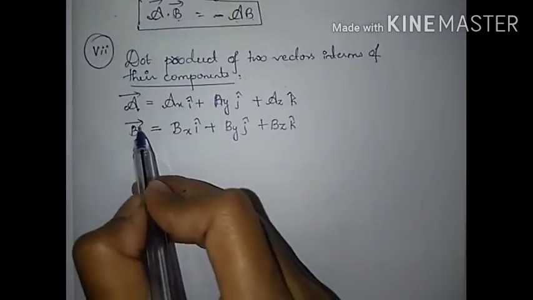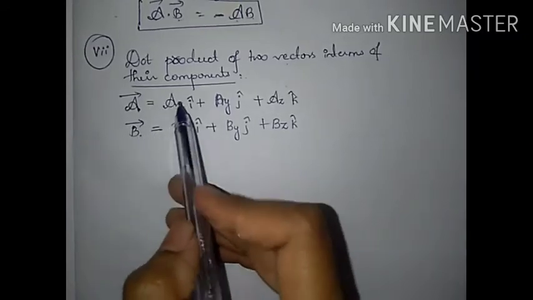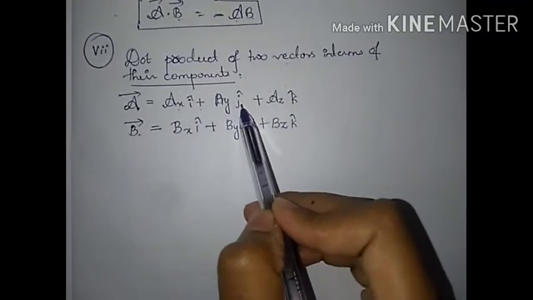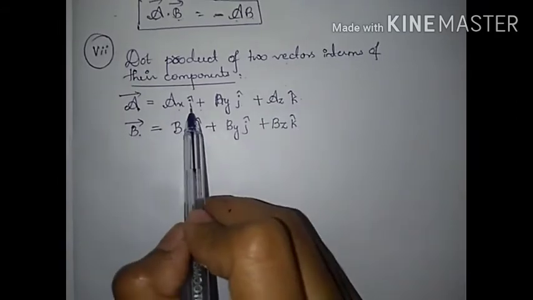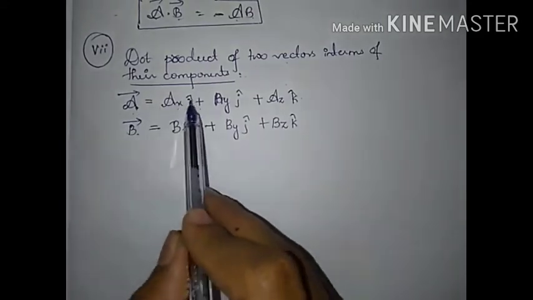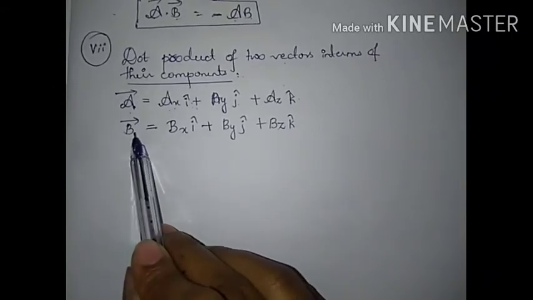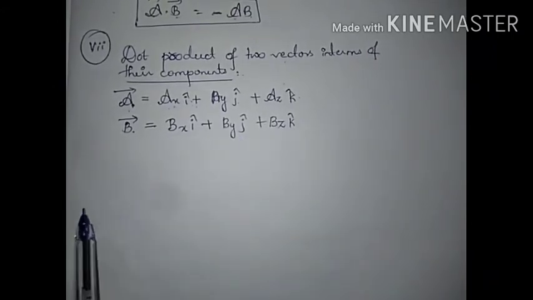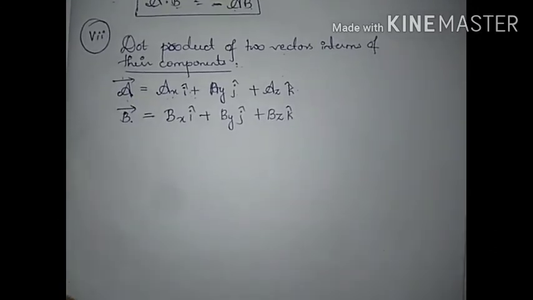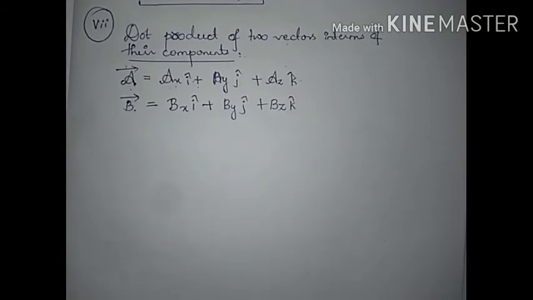So you have two vectors, vector A and vector B. Components of these two vectors are written as Ax i cap, Ay j cap, Az k cap. Ax i cap means the component of A along the x-axis. Bz k cap means the component of B along the z-axis.